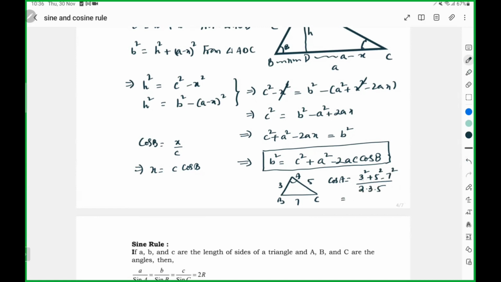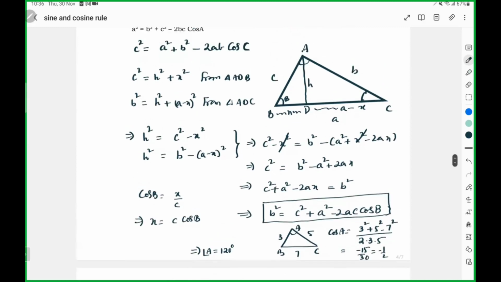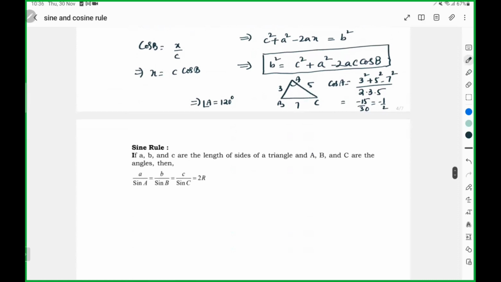After simplification, 34 minus 49, that is minus 15 by 30, which is minus half, so we say that angle A is 120 degrees. So this is how we find the cosine of an angle for an arbitrary triangle.